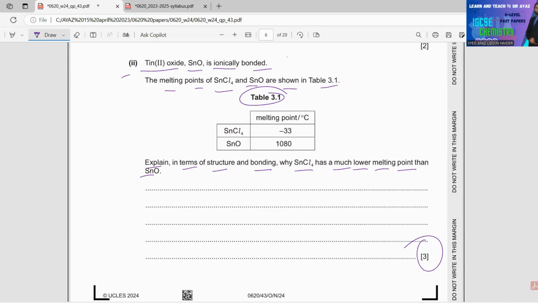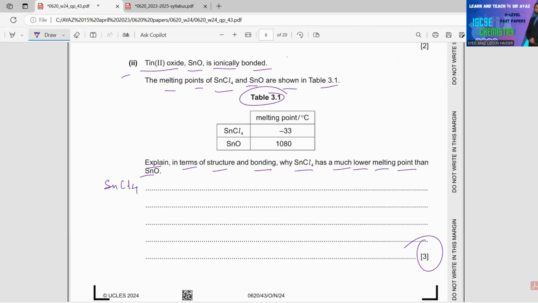So you can write statements either for SnCl4 or SnO, then compare the forces between these two. For example, if you are writing for SnCl4, how are you going to write?